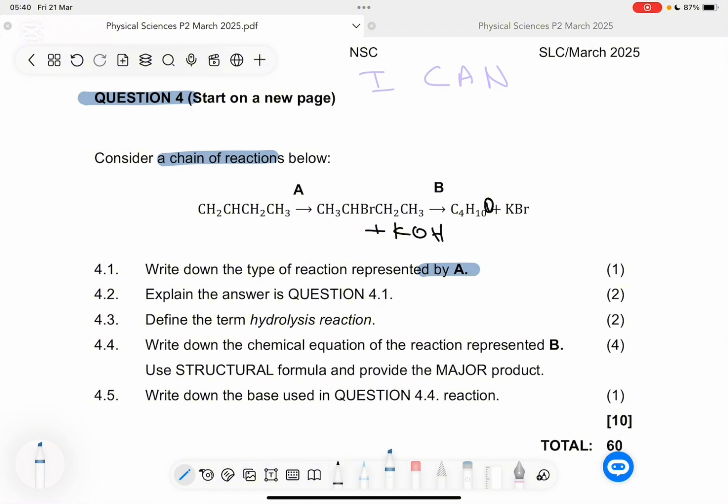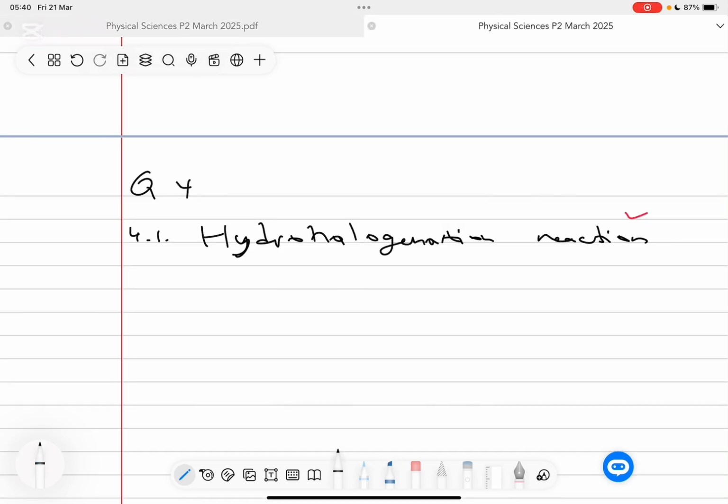The next question, 4.2, says explain the answer in question 4.1. Basically, we have already answered this when we interpreted.